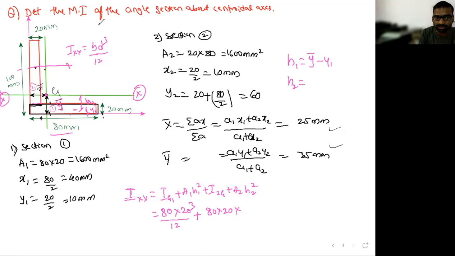But from here to here is y bar, so the remaining is H2. H2 is equal to y bar minus y2.